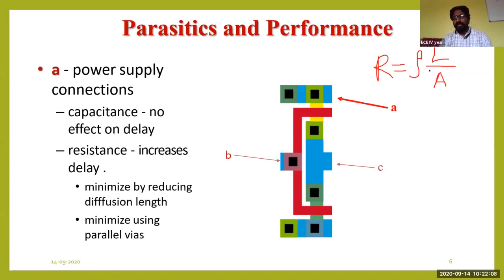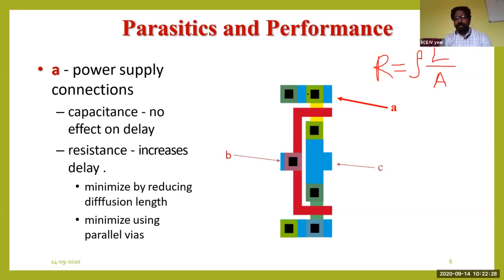R is equal to rho L by A, where R is the resistance, rho is the specific resistivity, L is the length, and A is the area of cross section. Here you can see that resistance is directly proportional to length.